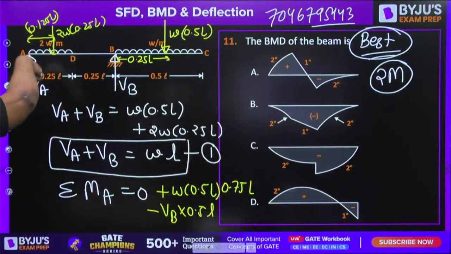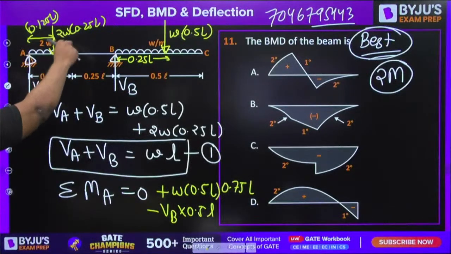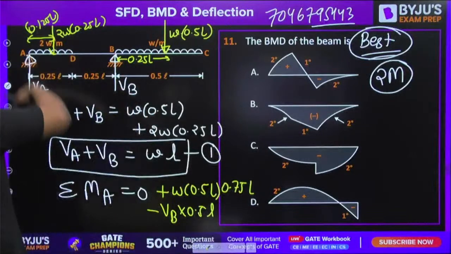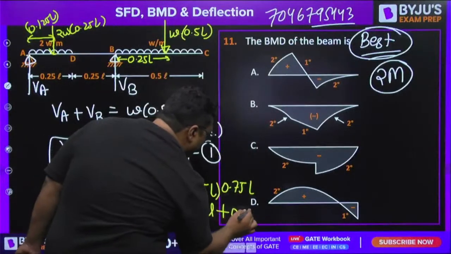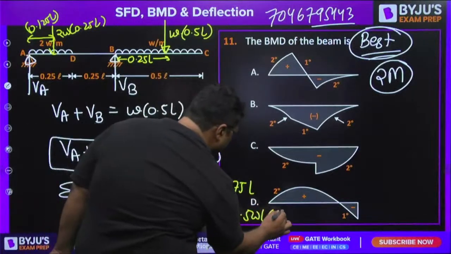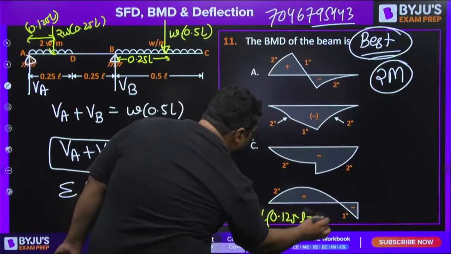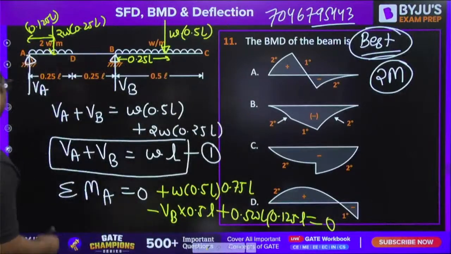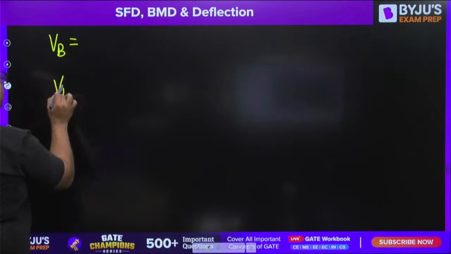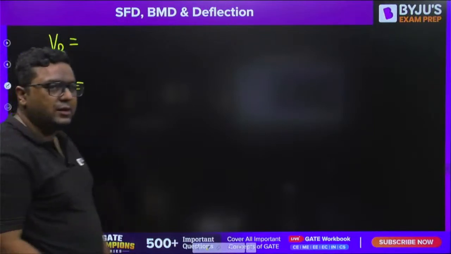And for this load, 2W into 0.25 is going to be 0.5WL. So it is going to create once again clockwise, 0.5WL, at a distance of 0.125L. When you equate it to 0, you will get the value of VB and VA.